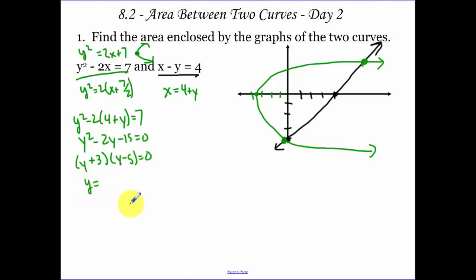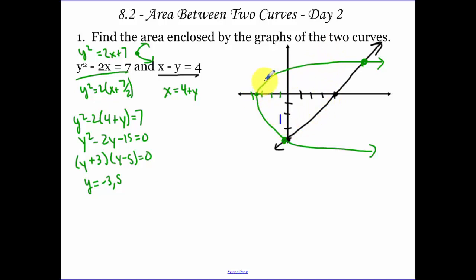So our y intersection points are from negative 3 to 5. Now you have to determine whether it's easier to integrate with respect to x or with respect to y. If you're integrating with respect to x, you'd have to break it up into two areas, where it changes from one function to two different functions.